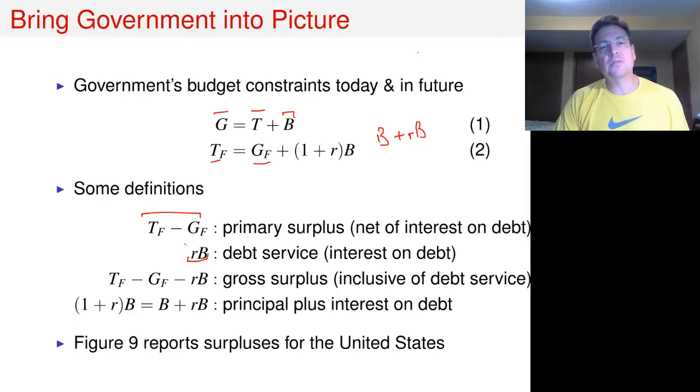This is the object that Republicans argued we could continue to satisfy even if we didn't adjust the debt ceiling and open the government again. The measure of the surplus that gets discussed most often, though, is the primary surplus including this debt service. So that's called the gross surplus.